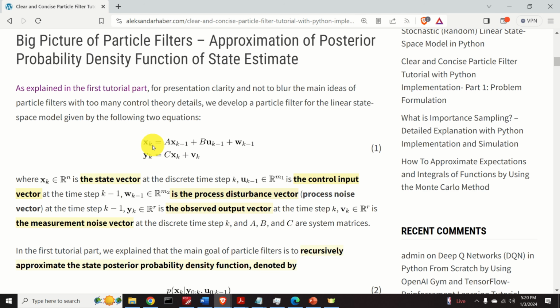Over here, x_k is the state vector at the discrete time instant k, u_{k-1} is the control input vector at the time instant k-1, w_{k-1} is the process disturbance vector that is also known as process noise vector, y_k is the observed output vector at the time instant k, v_k is the measurement noise vector, and A, B, and C are the system matrices.